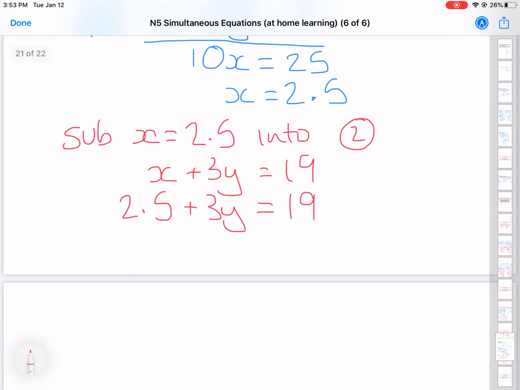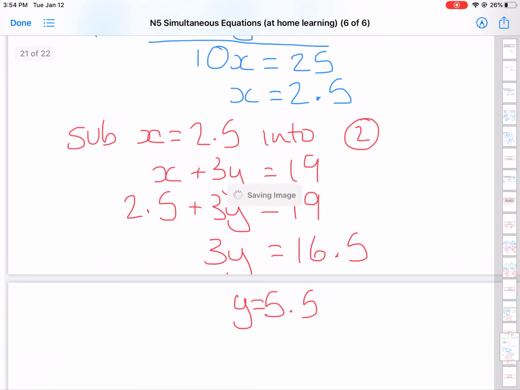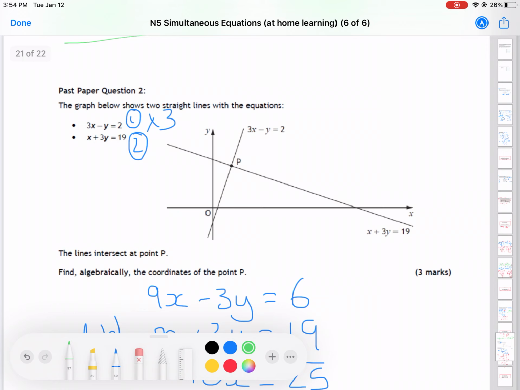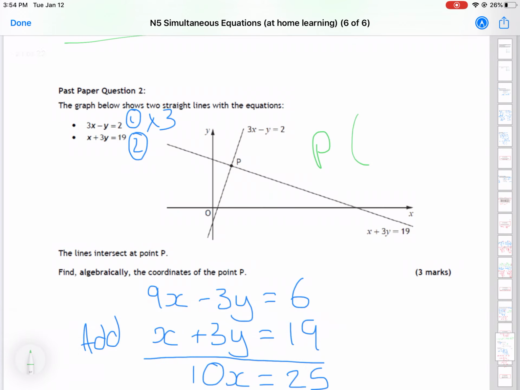Take away the 2.5 from the 19, so 3y is equal to 16.5. And when we divide that by 3, we get 5.5. Okay, this here is a coordinate. So to finish that off, we need to say that P is equal to x was 2.5 and y is 5.5. So make that into a coordinate for that last bit.